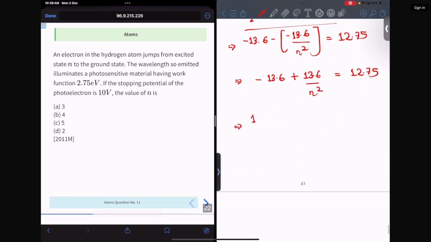If I take 13.6 common, it will be 1 minus 1 upon n square is equal to 12.75 upon 13.6. Dividing 12.75 by 13.6, you will get 0.9375.